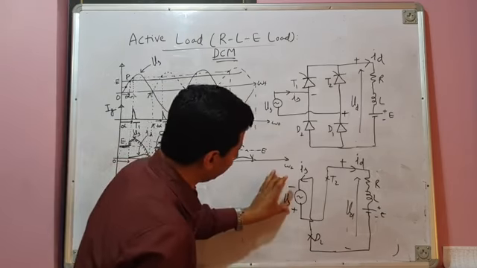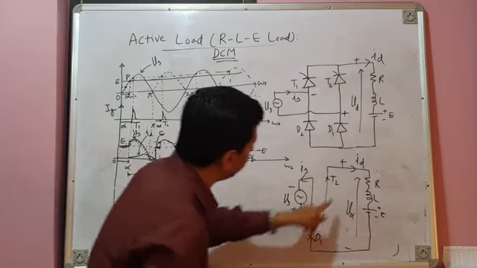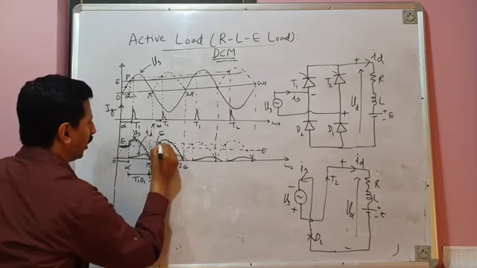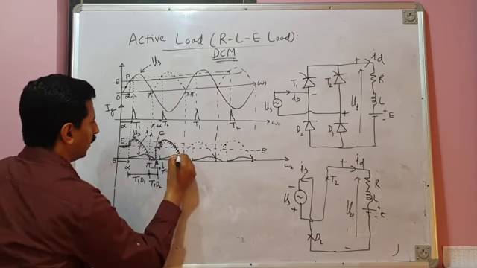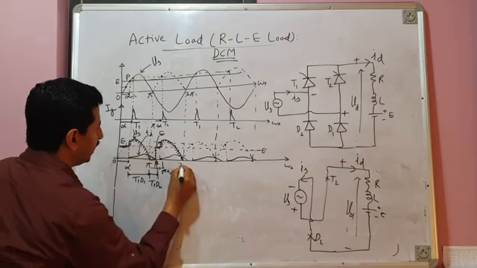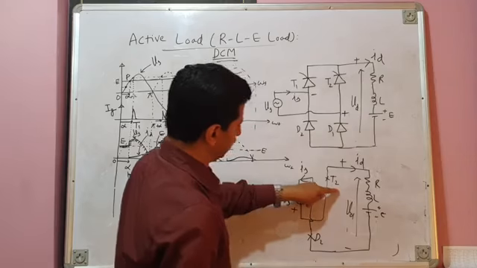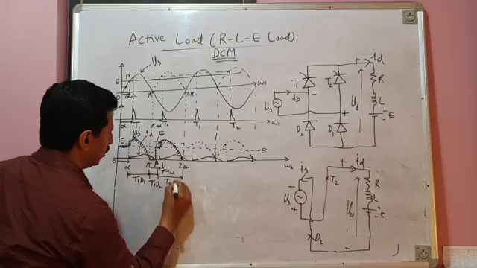So this is the negative half cycle of source voltage. The remaining segment is this, but it appears as positive voltage across the load. So that's what I am showing here, positive voltage across the load. So that means from this instant to this, that's pi plus alpha to 2 pi, what is the pair of devices which is conducting? T2, D2. I will show here T2, D2.